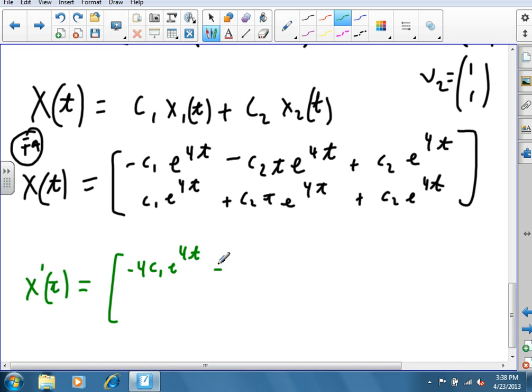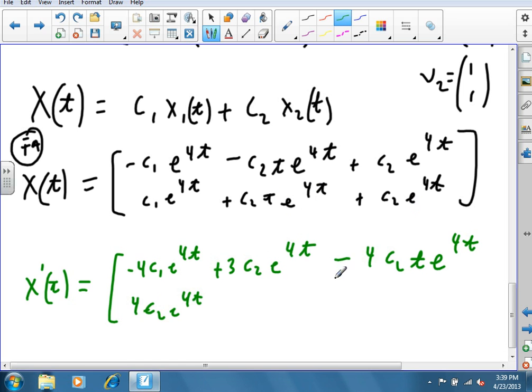So that's going to be plus 3 c2 e to the 4t minus 4 c2 t e to the 4t. And on the bottom I got 4 c2 e to the 4t. I've got 1 plus 4 more makes 5, plus 5 c2 e to the 4t plus 4 c2 t e to the 4t. So that's what that kind of looks like.